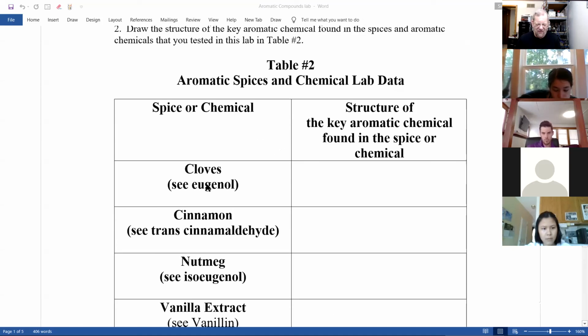Now, a couple things. I talked about a while back when we talked about aromatic compounds, eugenol, which is also known as oil of cloves. It's the oil coming from cloves. For some of you who cook Christmas hams, or your mother or father, or whoever does the cooking, you know how you put cloves on the ham to give it an extra nice taste.